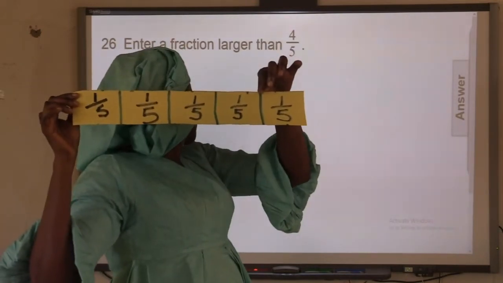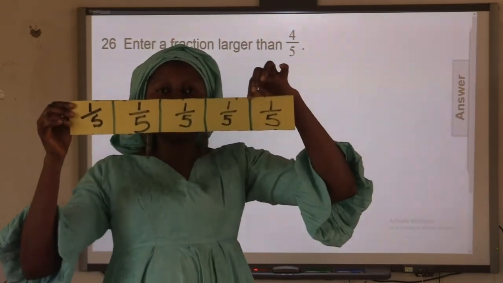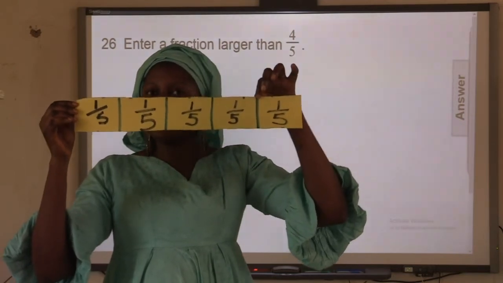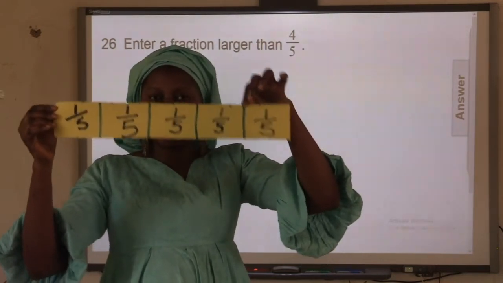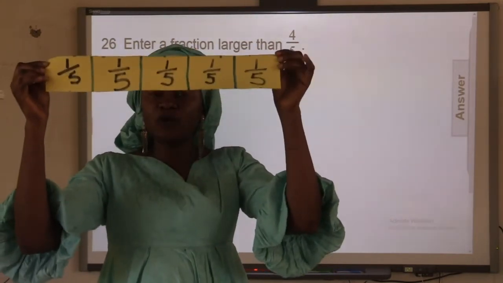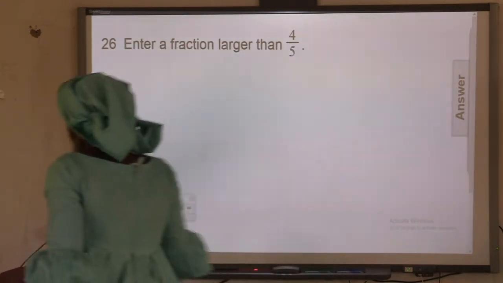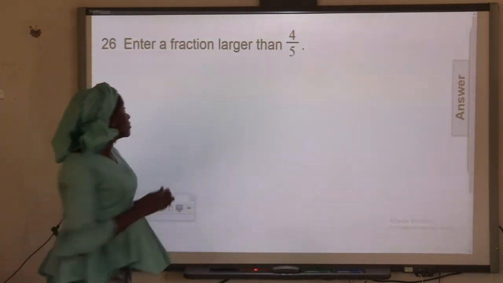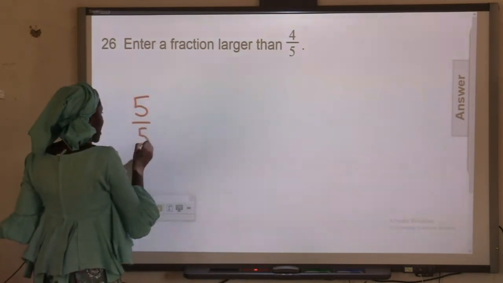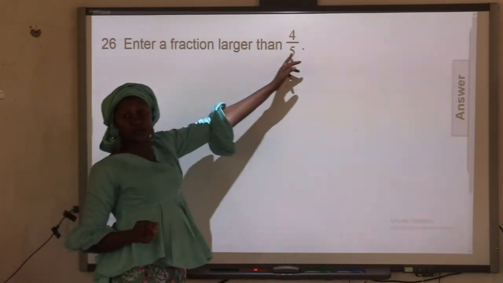The question reads, enter a fraction larger than 4/5, and we are dealing with fractions with the same denominator. So the fraction with the same denominator larger than 4/5 is going to be a whole, which is 5/5. The only answer there is 5/5, because 5/5 has the same denominator as 4/5.